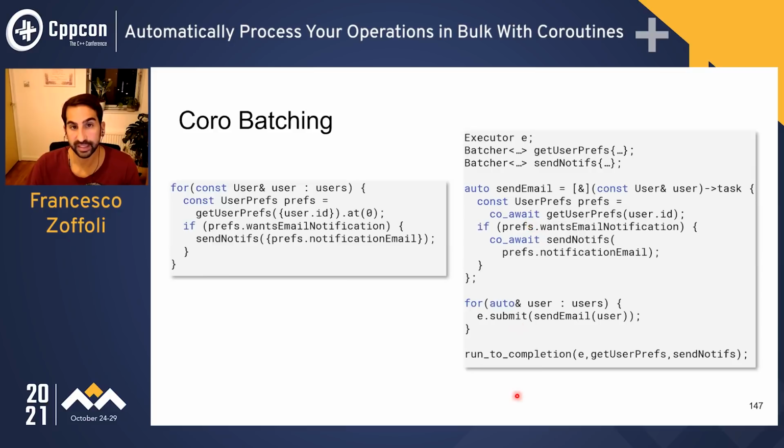The size of the code is very similar, but we can see that the logic translates almost one-to-one. Also, the boilerplate at the bottom and at the start is quite fixed. So if the logic inside the coroutine grows, the complexity of the code around it would not grow much. Maybe we would have to create a new batcher if we have a new batch operation. So this gives us a good win on the readability side.